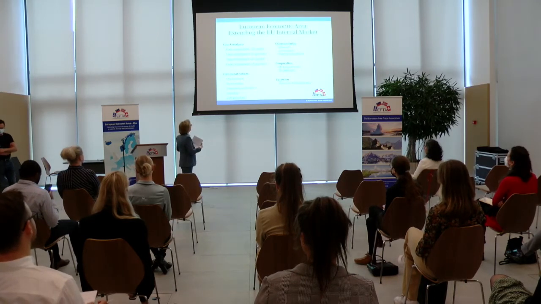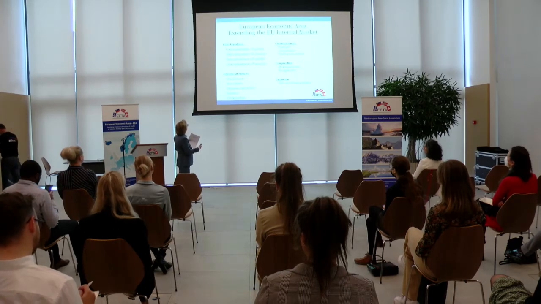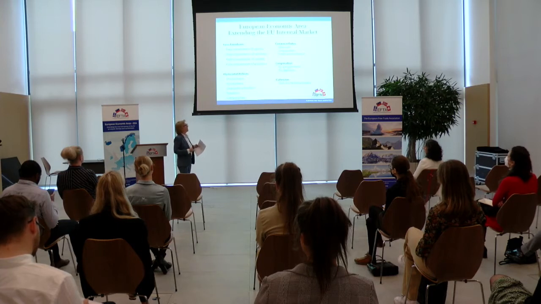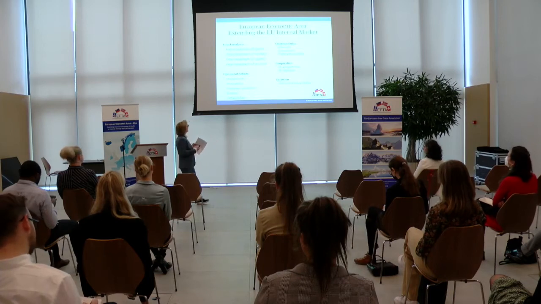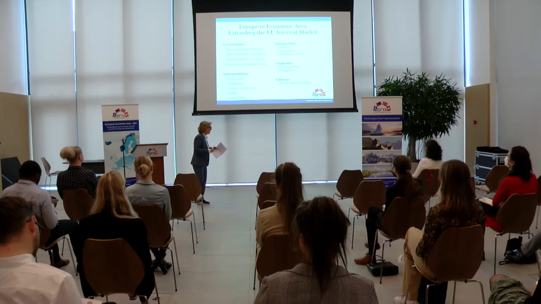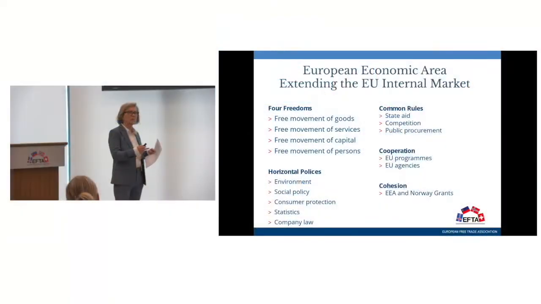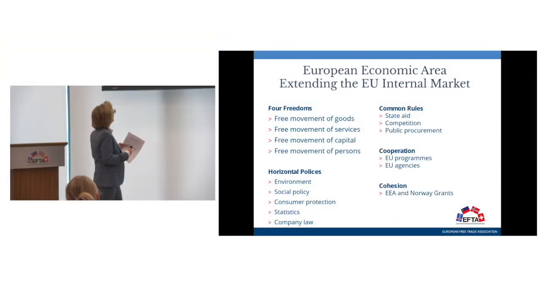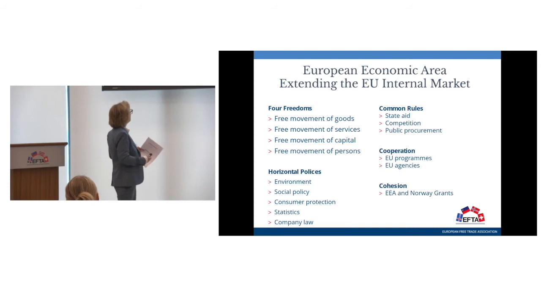To support and to make sure that these rules are not hindered by other restrictive actions by states or companies, we have other common rules to prevent undertakings from agreeing on prices or abuse a dominant position or hinder unlawful state aid that distort competition from the member states, and we have rules on public procurement.